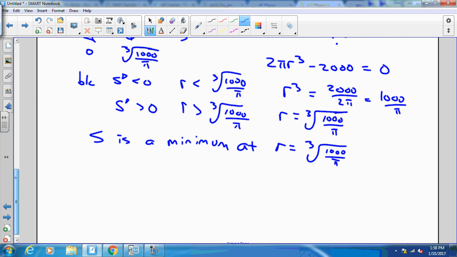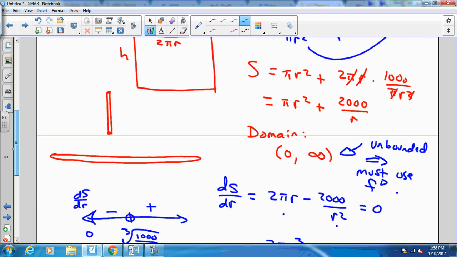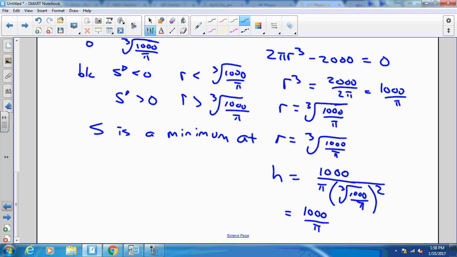And we already have a relationship between h and r. h is 1,000 over pi r squared. So I'm going to represent that as 1,000 over pi times r squared. And I don't really need to simplify that, although I can. If I choose to simplify it, it would look like this.